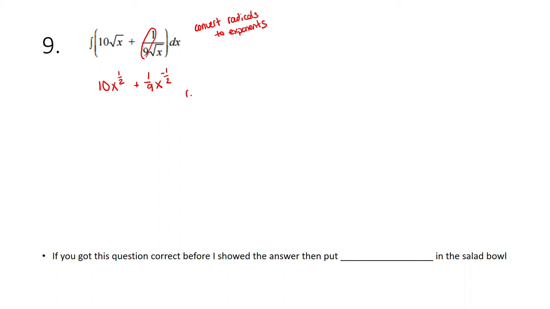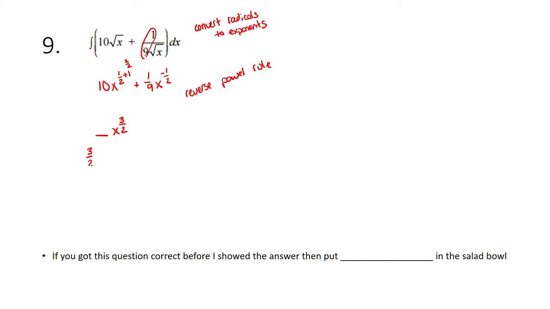Then let's do the reverse power rule. So we're going to add 1 to the 1/2. That's the same thing as saying 2 over 2. So 1 plus 2, that gives me 3 over 2 for my exponent. We need to figure out the coefficient.